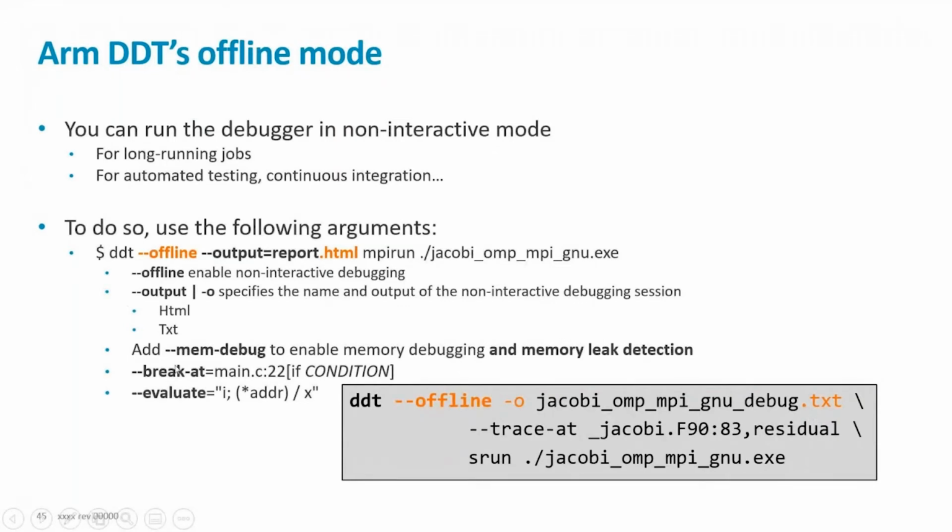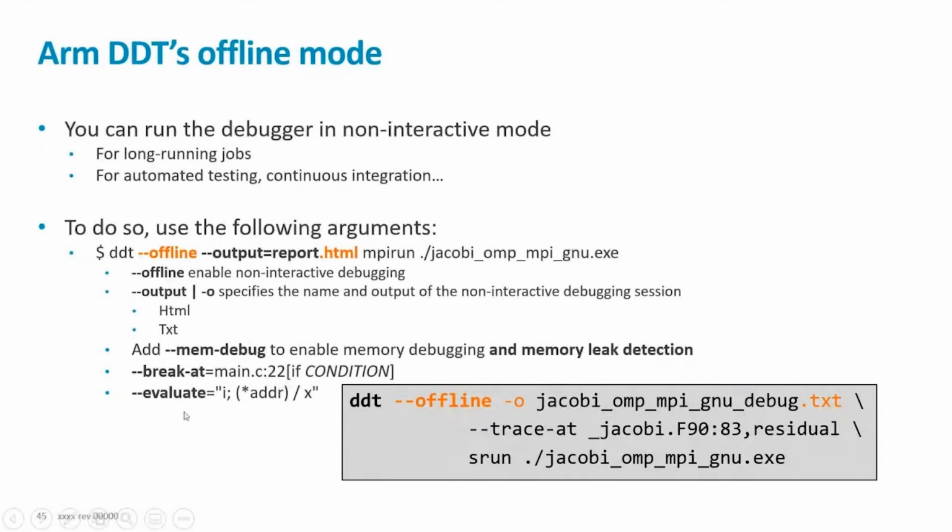You can also add the memdebug flag, because that shows up on the run window if you're not going offline. If you're going through offline, it is available via the memdebug flag, and you can put some conditions as well for memory leak detection. You can put breakpoints on certain lines with a condition.